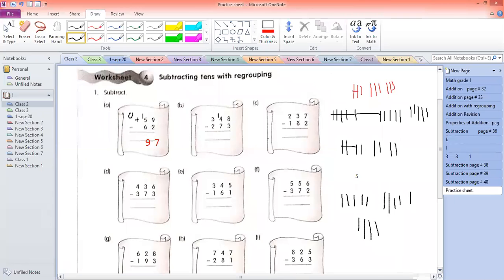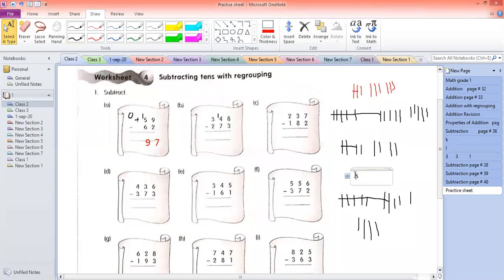How many do I need to minus? 7. So I will cut 4, 5, 6, 7. How many are left now? 1, 2, 3, 4, 5, 6, 7. So 14 minus 7 is equals to 7. So I will write 7.